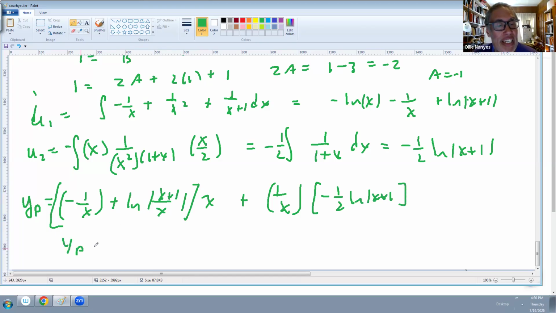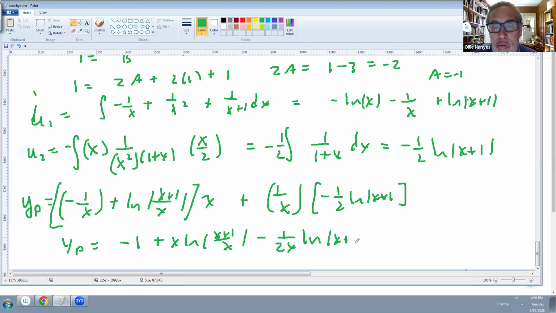So yp, if we multiply this, is minus 1 plus x log of x plus 1 over x, minus 1 over 2x log of x plus 1.